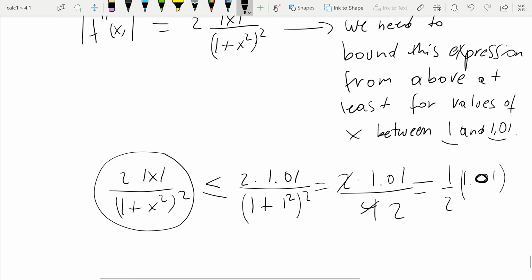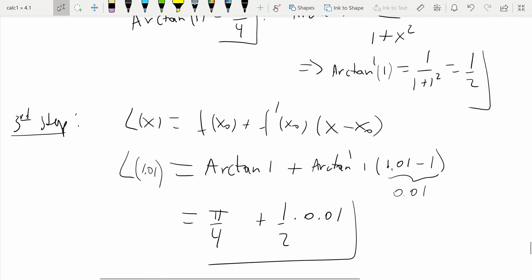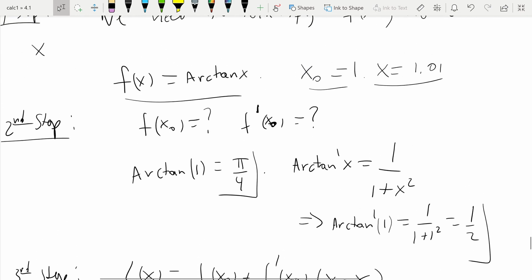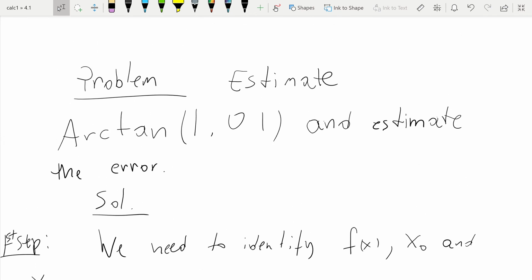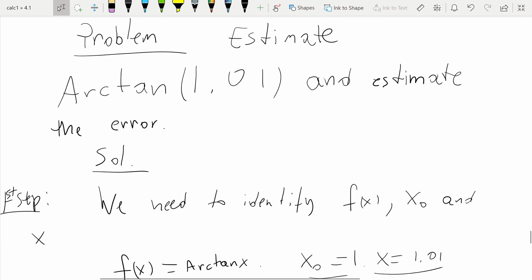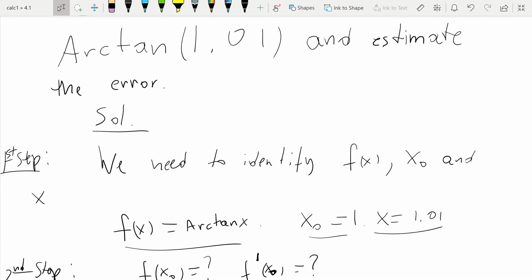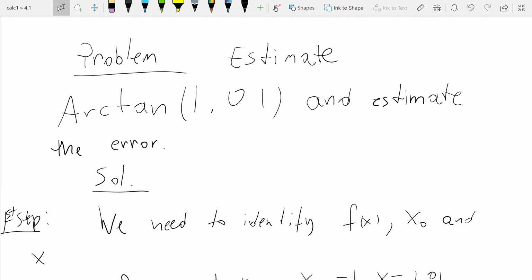Actually, I chose this example because it's a little bit more complicated than you'll normally see, but it's not something that you'll definitely not see. Something like this can happen, or at least some parts of this problem could be in your exam. At least the first one: estimate a function at a weird point, and you need to identify the function and the points involved, x naught and x.